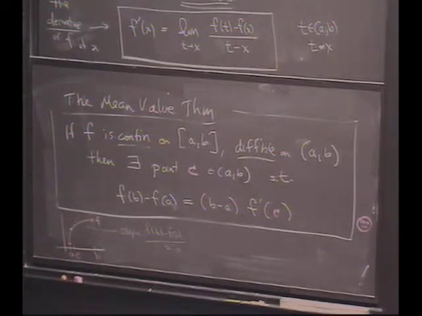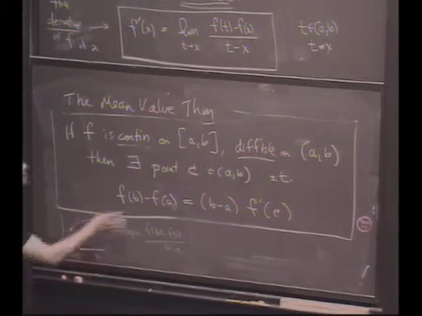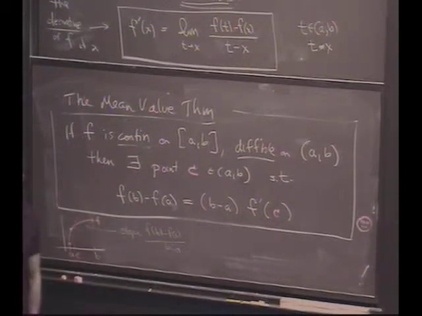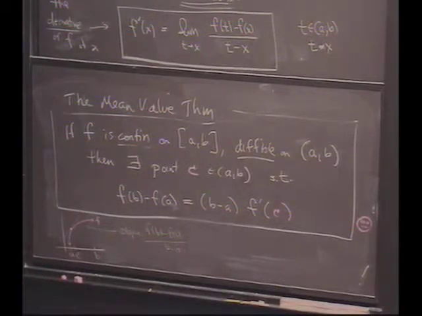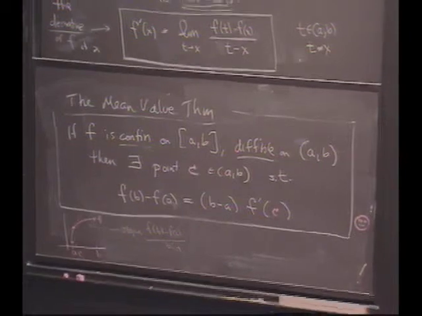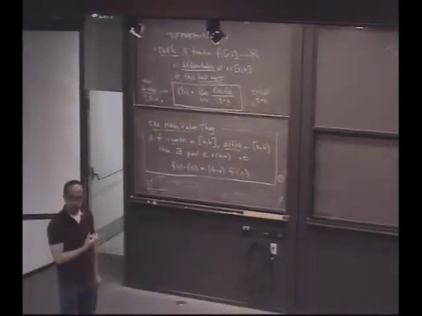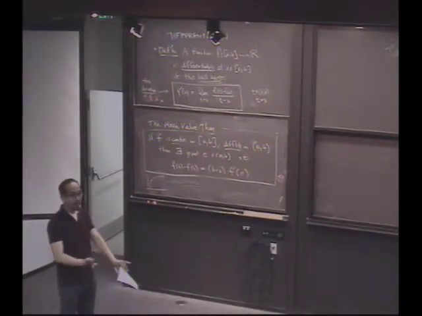Okay. So let's see. What's the big deal with this theorem? Well, here's the big deal. This is really the only theorem we have that connects the value of the function to the value of the derivative without involving limits.